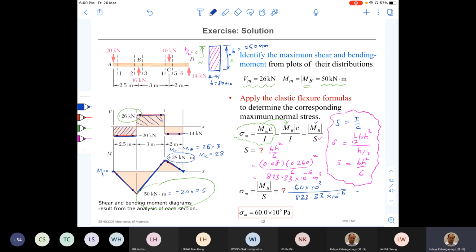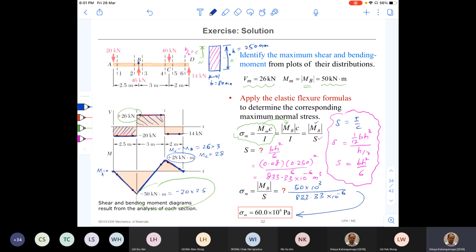If you simplify this, you get this answer. So we found the maximum bending stress. This is going to be at the outer surface, right at the top at point B here, or at the bottom, both are the same in this case.